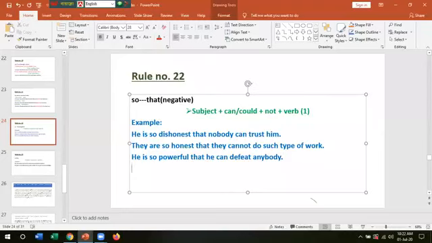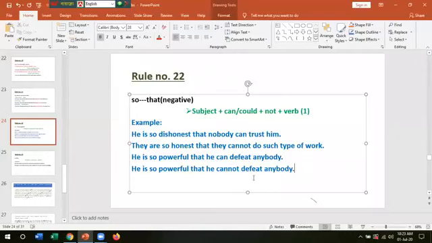If you write for this structure, he is so powerful that he cannot defeat anybody, then the sense is totally wrong.